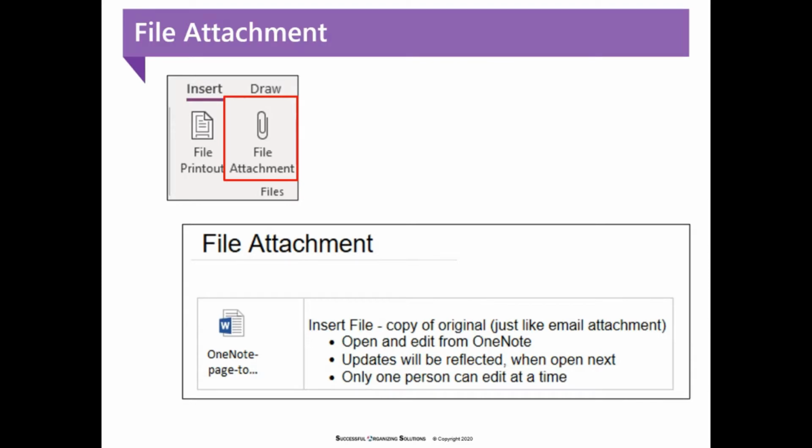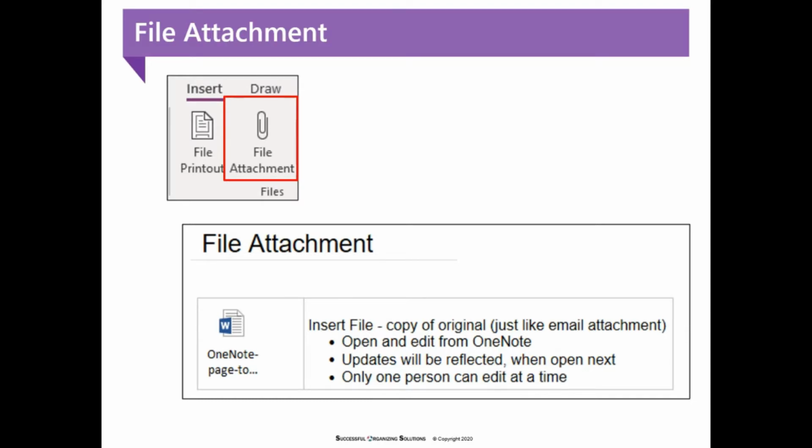You also have the ability to insert files into OneNote. This does create a copy of the file, just like when you attach a file to an email. So if you need to edit the file, open OneNote and double click on the file that you have inserted or attached on that OneNote page and edit it, not the original file.